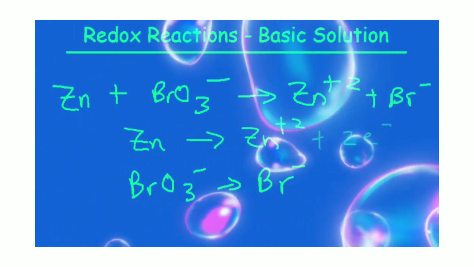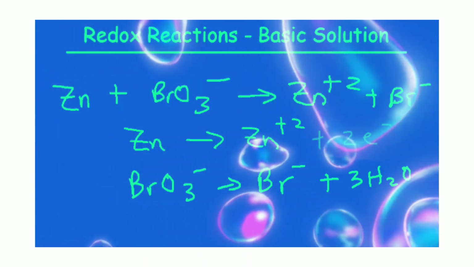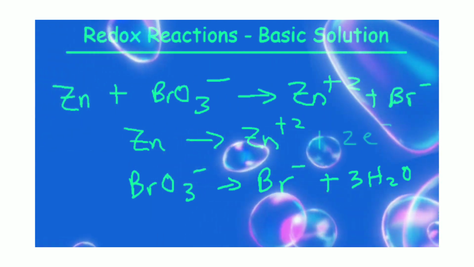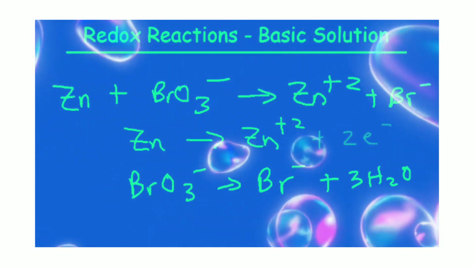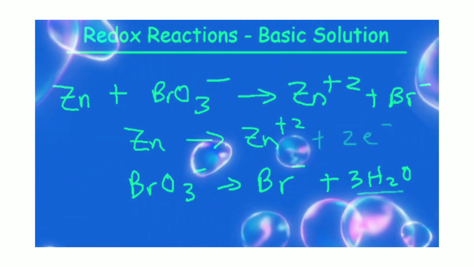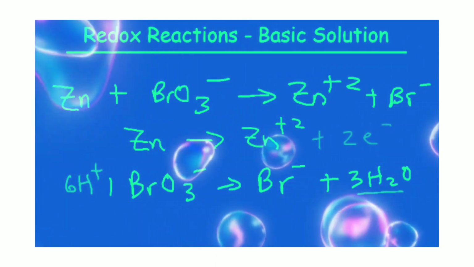So we have 3 oxygen atoms on the left. Therefore, we're going to add 3 water molecules to the right side so that the number of oxygen atoms are the same. So we have 3 oxygen atoms on both sides right now. But by adding 3 water molecules, we've added 6 hydrogen atoms to the right side. So we need to add 6 H plus ions to the left side.